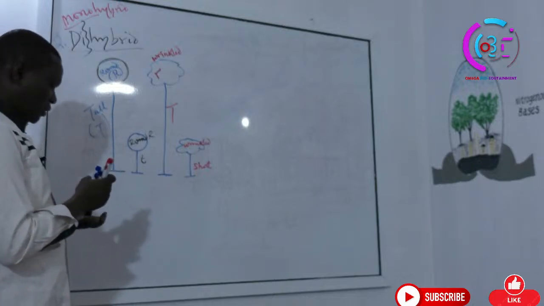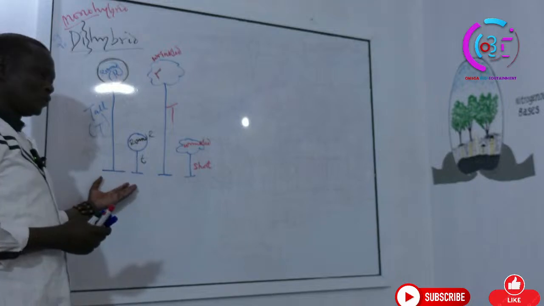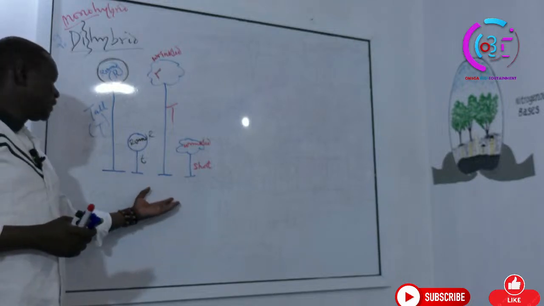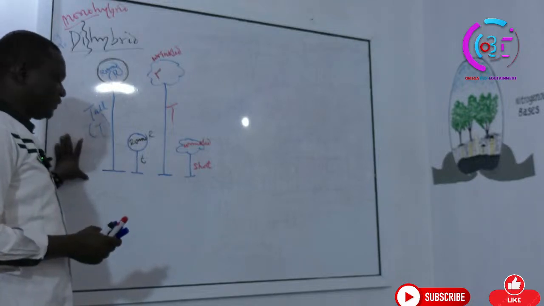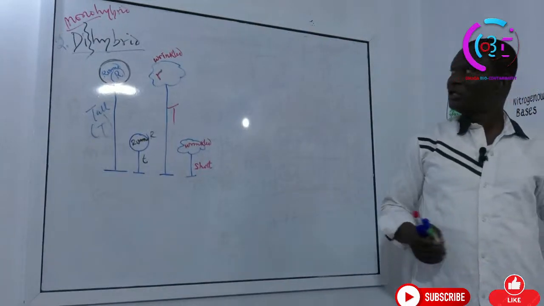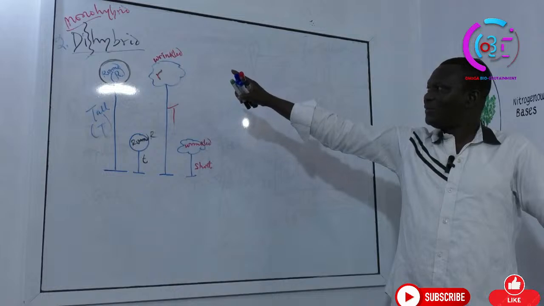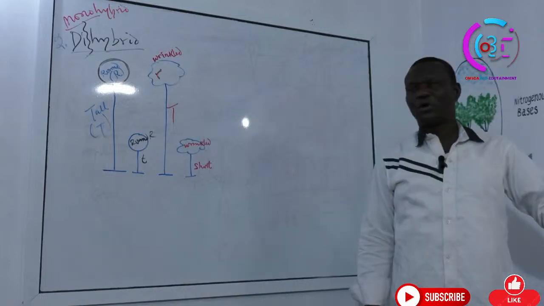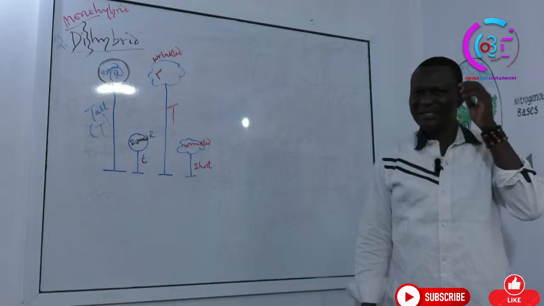That is what Mendel used for the dihybrid inheritance. And what he observed at the end of the day is why this is called the law of dihybrid inheritance, or the law of independent assortment.